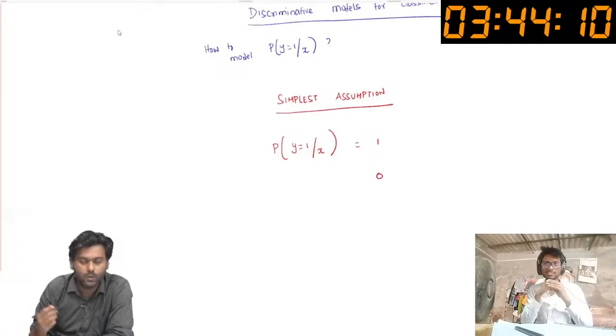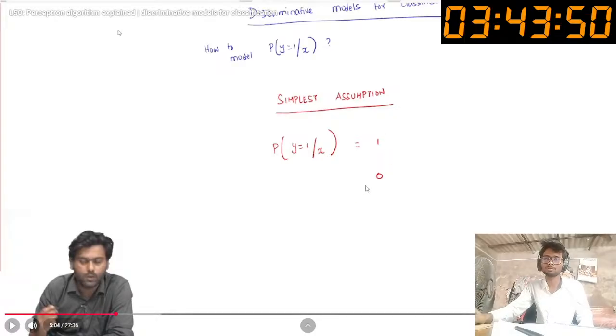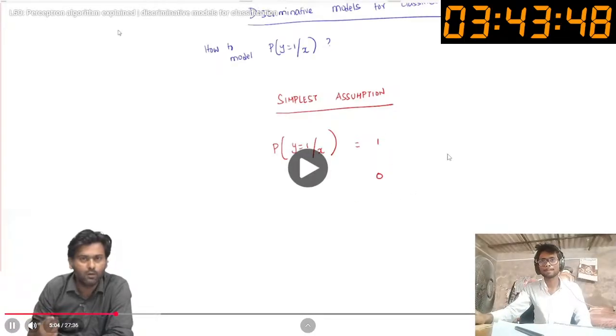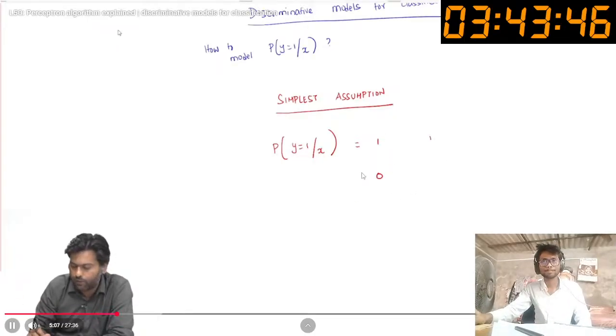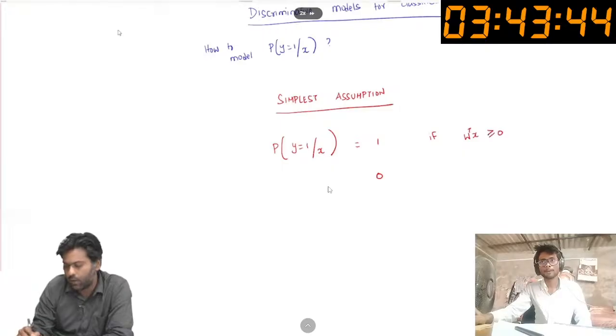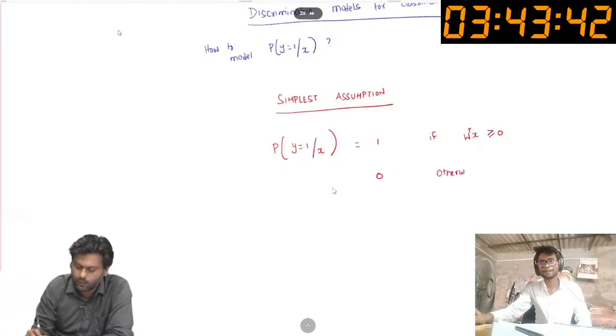There is nothing probability related in this problem as such, but for the sake of transition, the instructor has introduced the probability. In the future there will be no such probability, so we don't have to fear the probability here anymore. The probability of y equals 1 given x is 1 if w transpose x is greater than or equal to 0, and 0 otherwise.